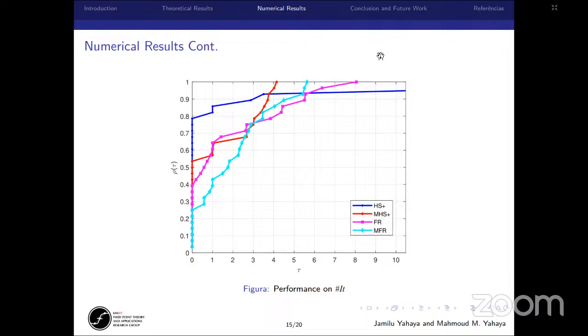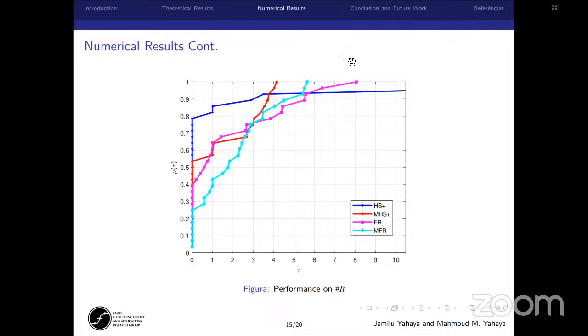As you can see in these figures, we have curves. The first one, which turns out to have around 80% probability of success, is the HS plus. It is more efficient in that sense because it has a higher percentage of success, but it is not robust, in the sense that it failed to solve the previous problems that I stated in the table.